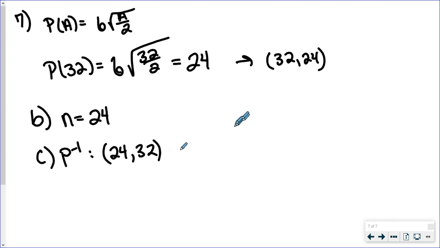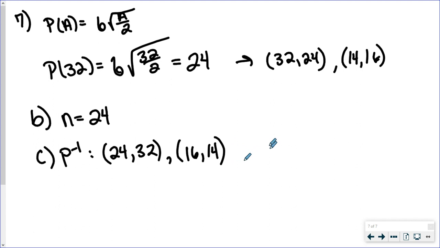Another nice point that they have on here looks like (14, 16), right? So it looks like they have (14, 16). Again, refer to the graph, which means we have to have the point (16, 14), right? Since I don't have the axis and everything on here, the original graph looks something like this.